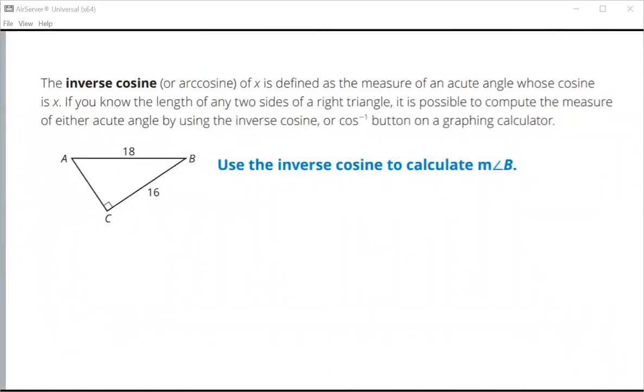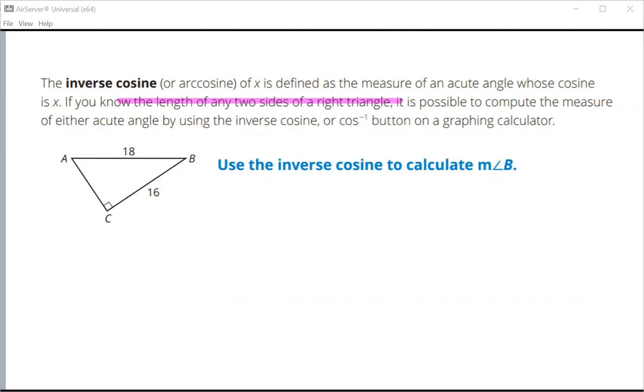To find the inverse cosine, it is no different than when we found the inverse tangent and the inverse sine. With finding the inverse cosine, we need to know two lengths of the sides of the right triangle, and that's going to make it possible for us to find the acute angle degree on the inside.